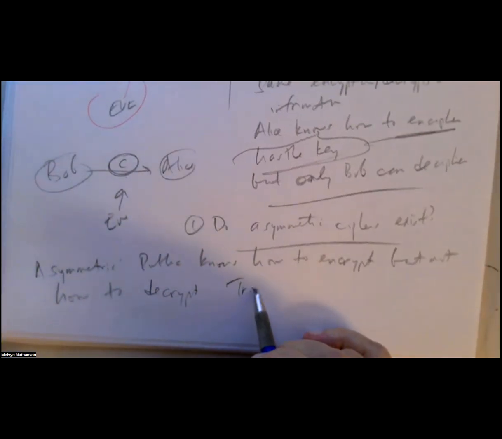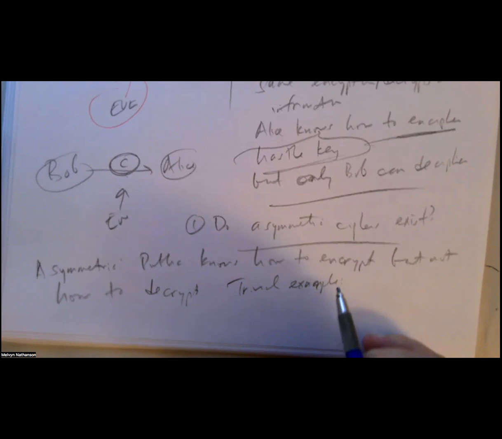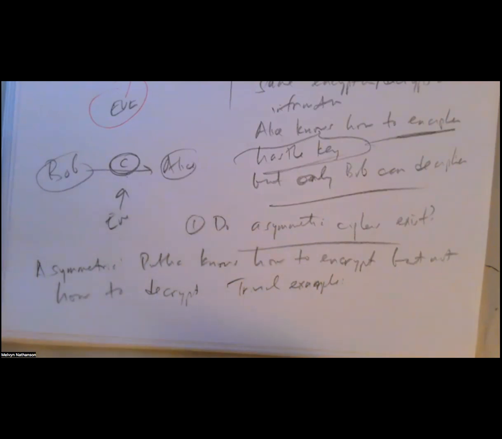Here's a trivial example. Bob wants Alice to be able to send him a message, but no one else knows how to decipher the message. So, in fact, Bob wants anyone to be able to send him a secret message that only he can figure out.